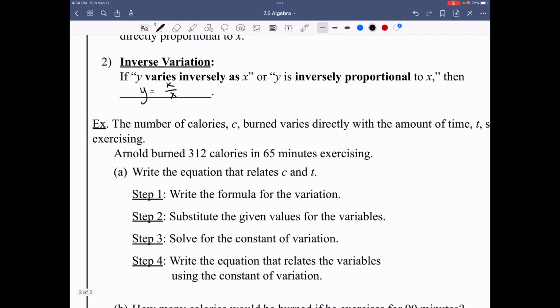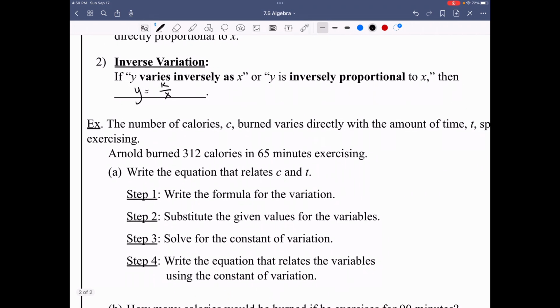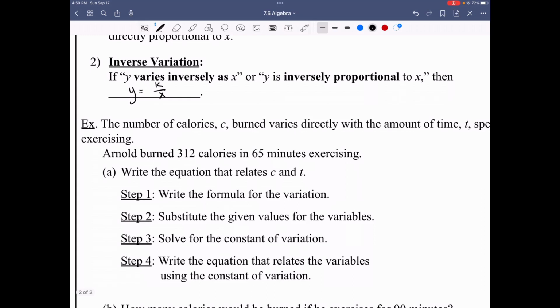The number of calories C burned varies directly with the amount of time spent exercising. Arnold burned 312 calories in 65 minutes exercising. Write the equation that relates C and T. So the first thing that we do is we just remember what was the formula for direct variation. Y equals kx.